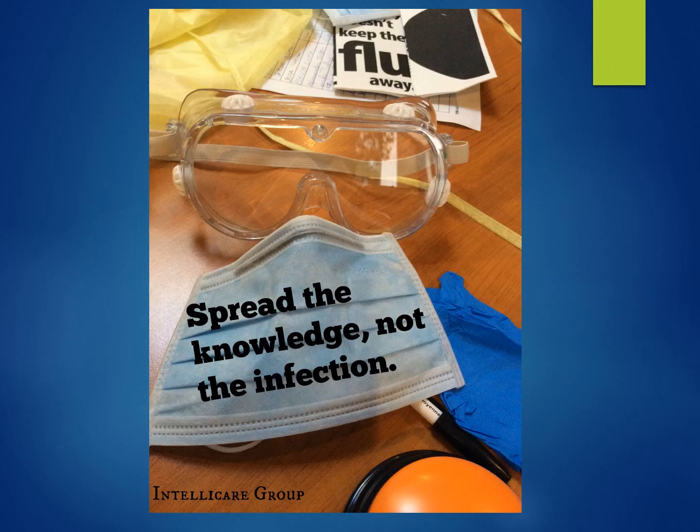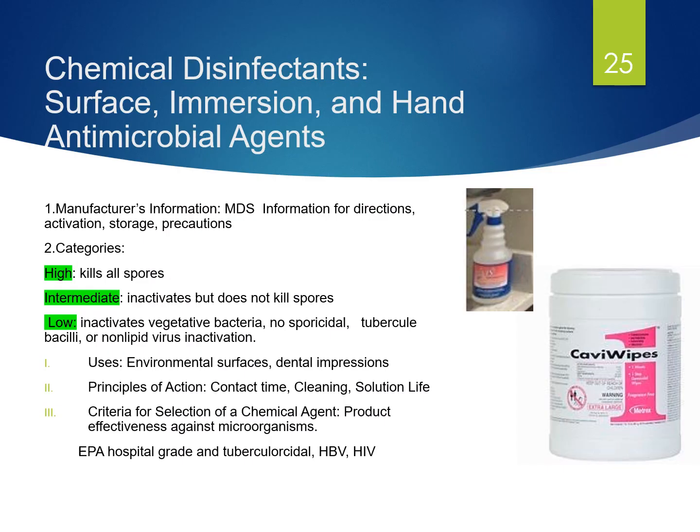This is just a little reminder: use your proper PPE and safety glasses, especially with the cold and flu season that we're seeing right now. Chemical disinfectants are very important, and I want you to remember much of what we're talking about in this slide. We have surface, immersion, or hand antimicrobial agents. The surface disinfectants are what we're going to use to clean all of our surfaces when you first get into the clinic.